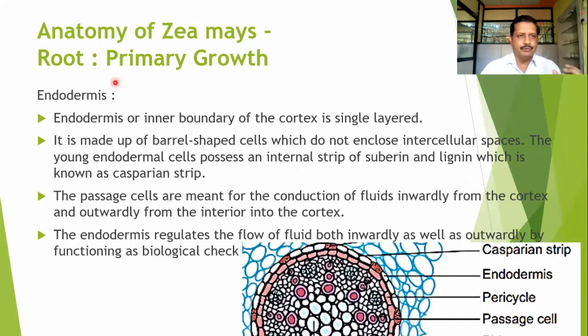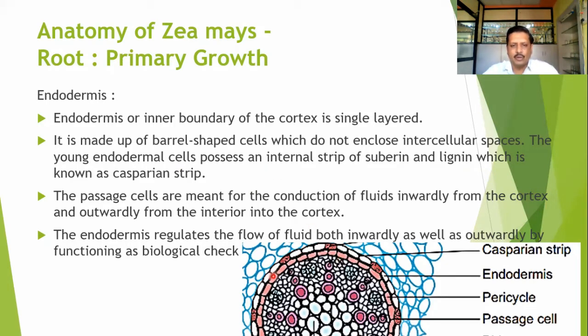Now, after the cortex, we shift to the endodermis and its functions. Endodermis is the inner boundary of the cortex and it is a single layer. We just discussed this layer, which is known as the endodermis. It is made up of barrel-shaped cells which do not enclose intercellular spaces.